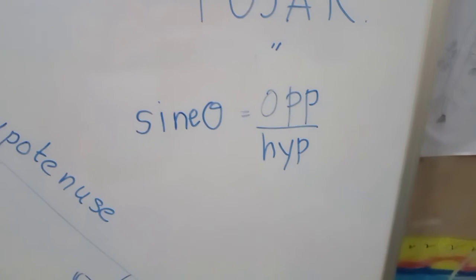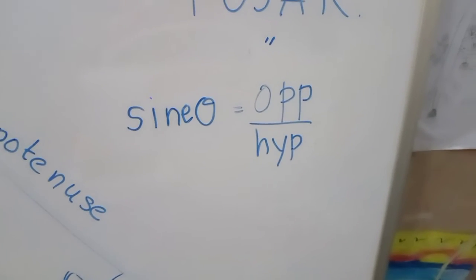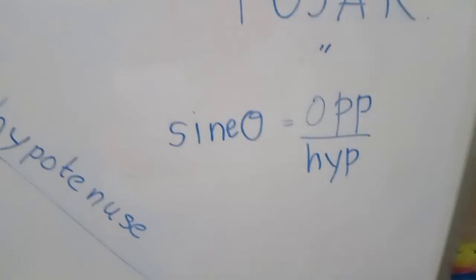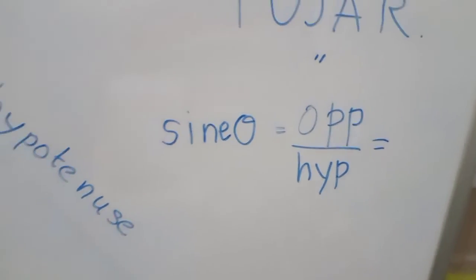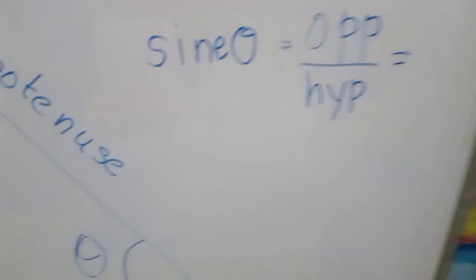I need not write the lengthy version of it. OPP divided by HYP should be sufficient. Opposite side by hypotenuse, or if you want to be more clear about it, AB by AC.